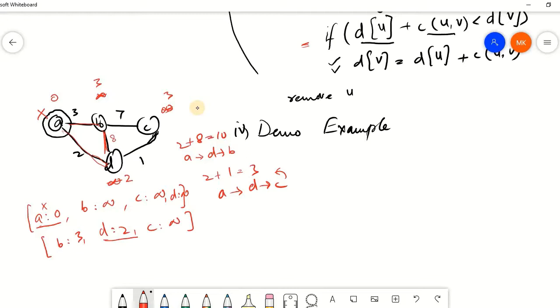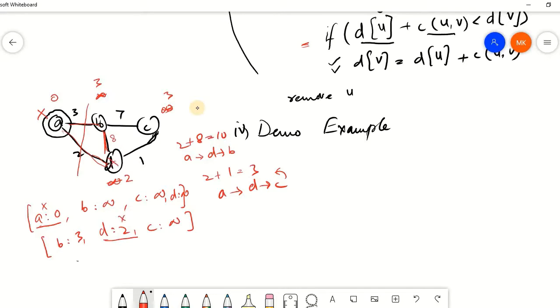So now these are the updated weights, and we are not going to check the cost of getting from D to A because A is already out of the list, and we are not going to find all the edges that lead us to A. So now we are done with D, and we are going to throw this out of our list as well.